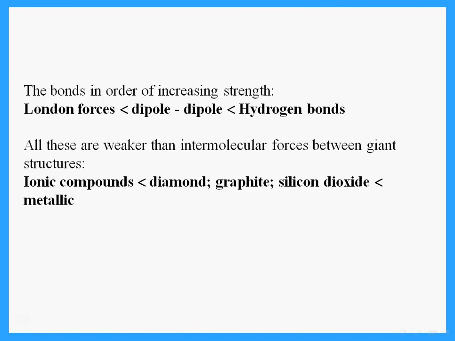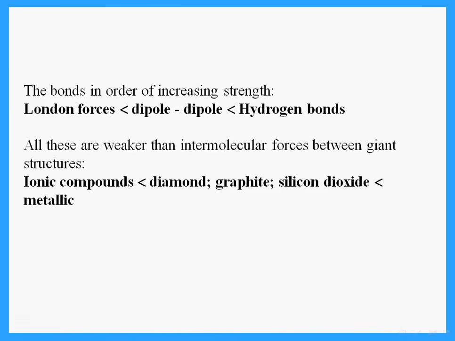So remember that if we have a simple molecular structure, the weakest forces between any two molecules would be the London dispersion forces. These are weaker than the dipole-dipole, permanent dipole interaction if the molecule is polar.